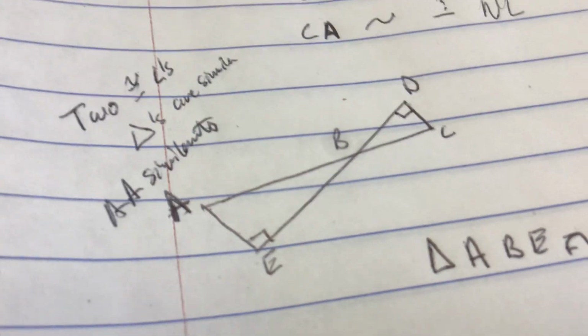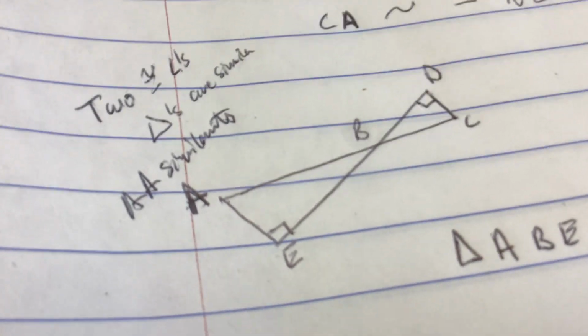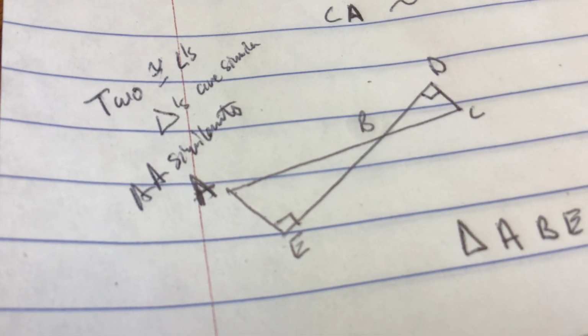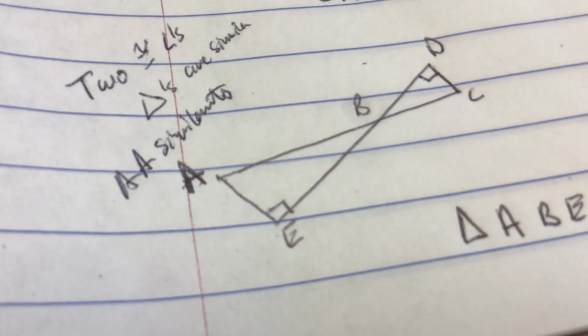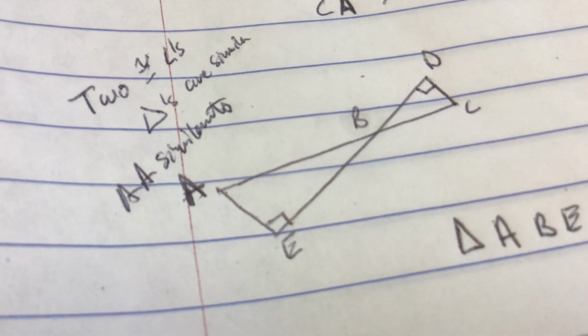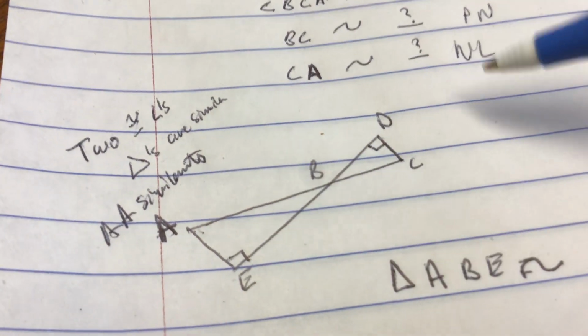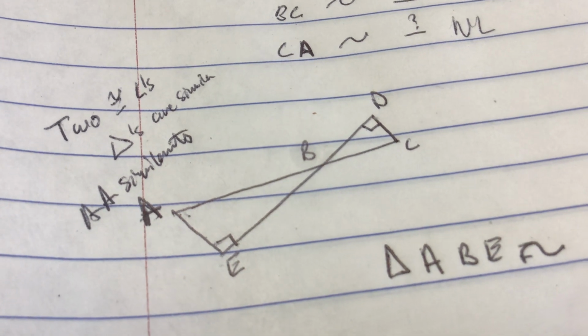Well, obviously E and D are congruent because they're both marked as right angles. Is there any other angle you know any information about? Well, nothing else is marked, so you might say, well, sorry, I only have one angle, so therefore I don't know they're similar. But you'd be wrong. The reason is that ABE and CBD are a special type of angle.